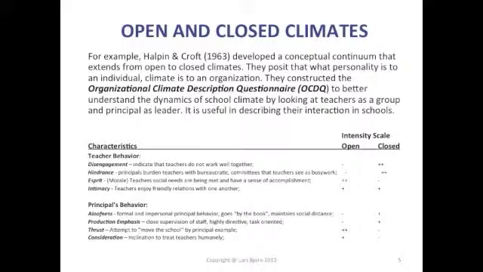Principal behavior. Halpin and Croft use the term aloofness to describe formal and impersonal principal behavior, or a person that goes by the book and maintains social distance. They also use the term production emphasis, which refers to close supervision of staff, being highly directive and task-oriented.